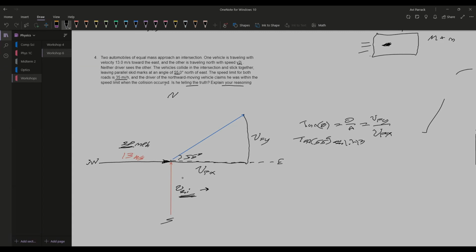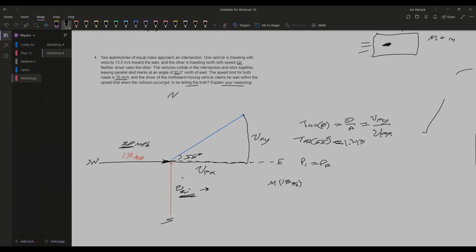Now we can say Pi equals Pf. On the one hand side, what do we have? We have vehicle one traveling in the right direction. So the mass is just m. It's the same mass. We have 13 meters per second to the east, 13 m/s east.